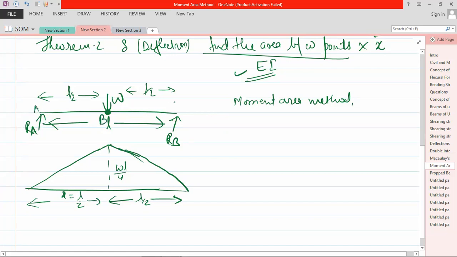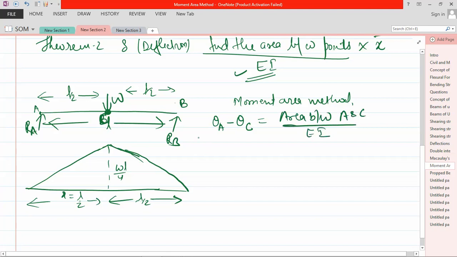Suppose these are the 3 points A, C, B. If you want to find the slope at A, then slope at A minus slope at the point where it turns out to be 0 is equal to the area between A and C divided by EI.